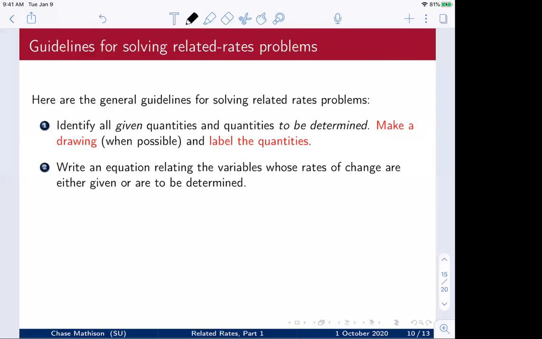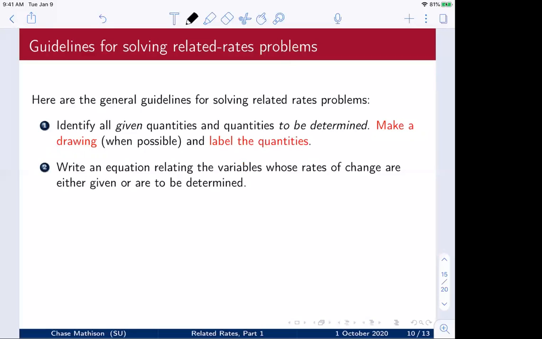Step 2, you're going to write an equation relating variables whose rates of change are either given or you want to find. For this last problem, the equation we wrote down was A equals pi r squared, because r was changing with time, and we wanted to find out how A was changing with time. So we wrote down an equation relating those two variables.